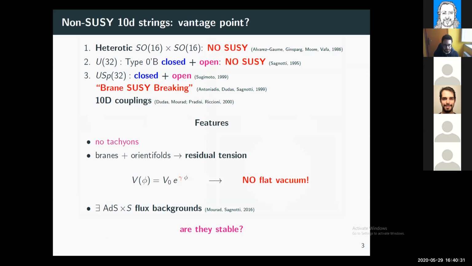So let me first begin presenting the actual non-supersymmetric string theories that we work with, and then I will go on to show the AdS vacua we found.